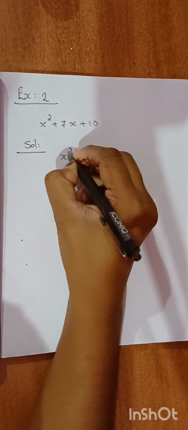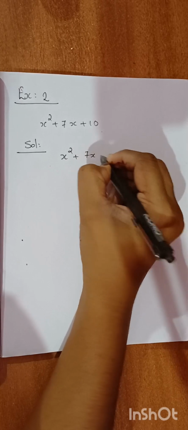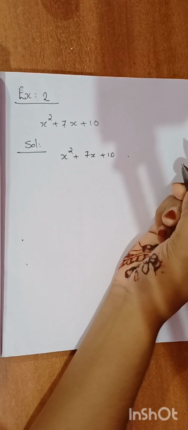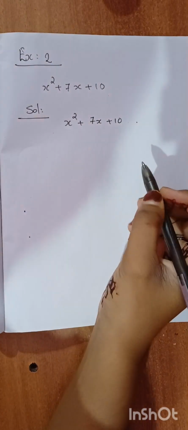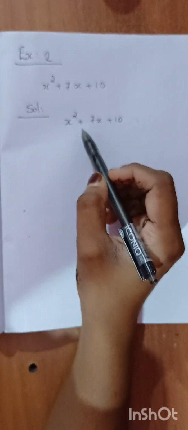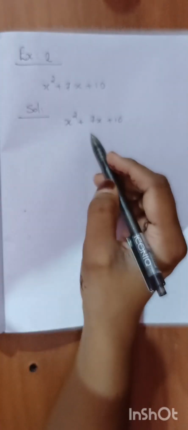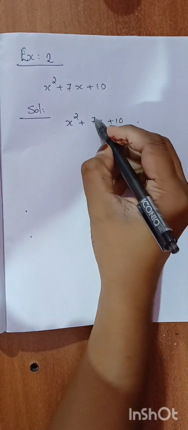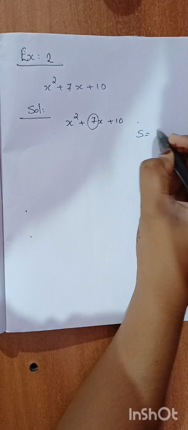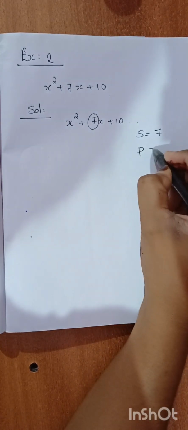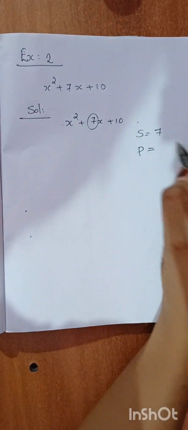We have already studied how to solve a quadratic equation by splitting the middle term, in class 9. Here the sum is equal to 7 and the product is 1 into 10, that is 10.